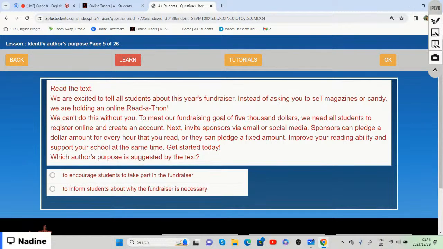So now, which author's purpose is being suggested by this text? Is it to encourage students to take part in the fundraiser? Or is it to inform students about why the fundraiser is necessary?